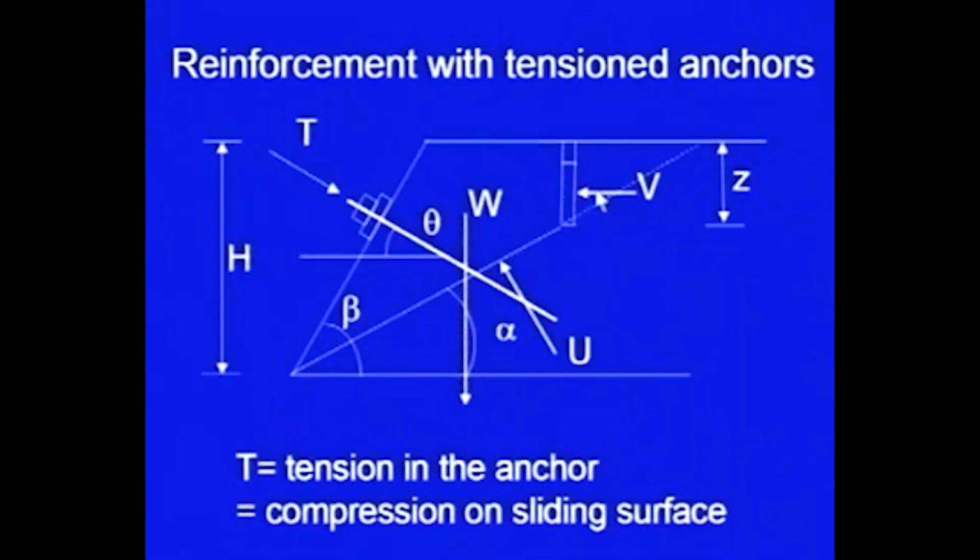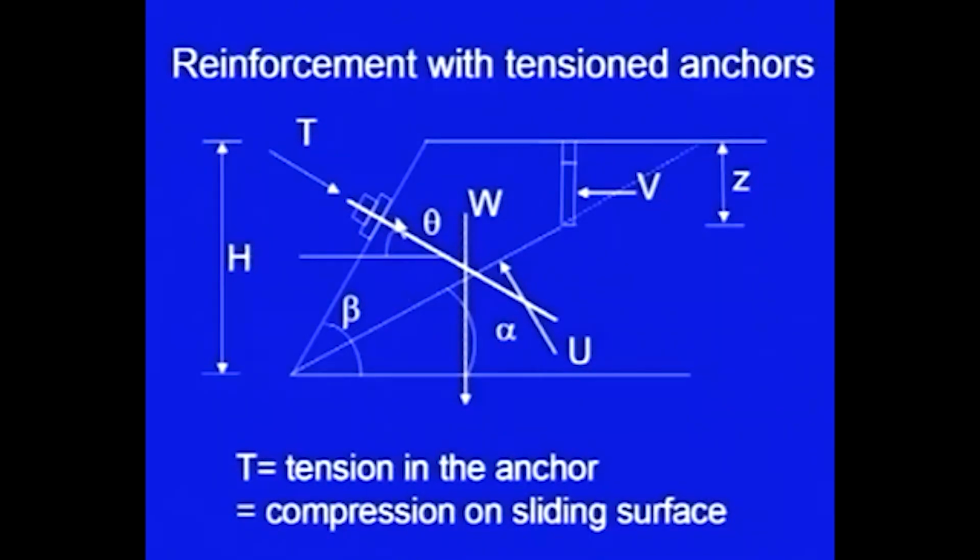Same way, at this inclined joint plane, the water pressure acting is U. I have not shown the complete diagram because it might have become very complex. So, U you can find out as I discussed earlier, V you can find out, W one can find out using the geometry of this particular wedge, and the components of W now can be resolved, and the factor of safety can be found out.